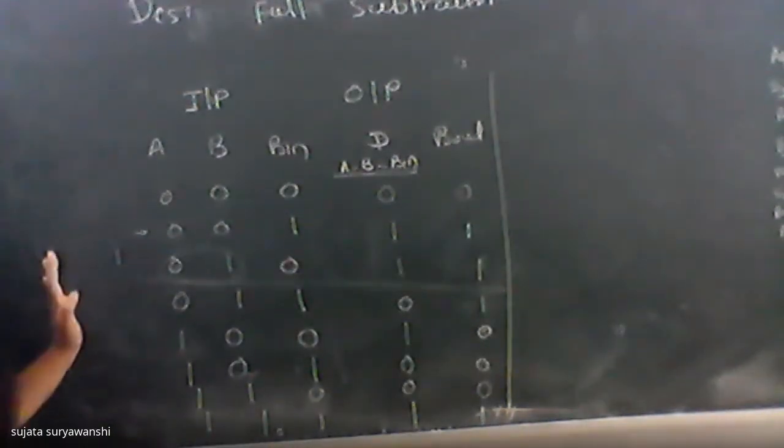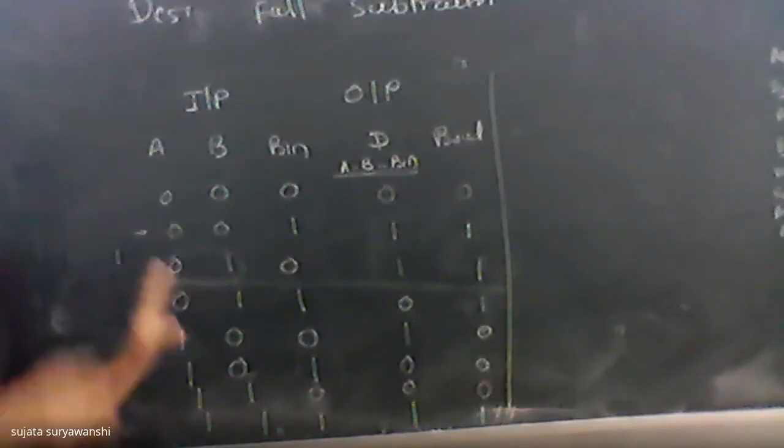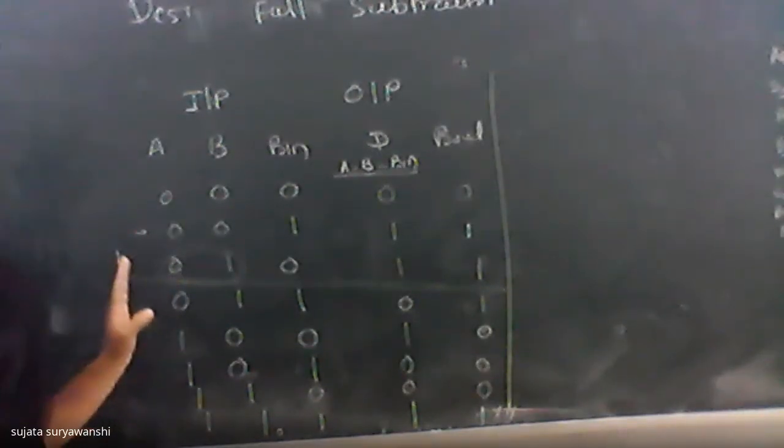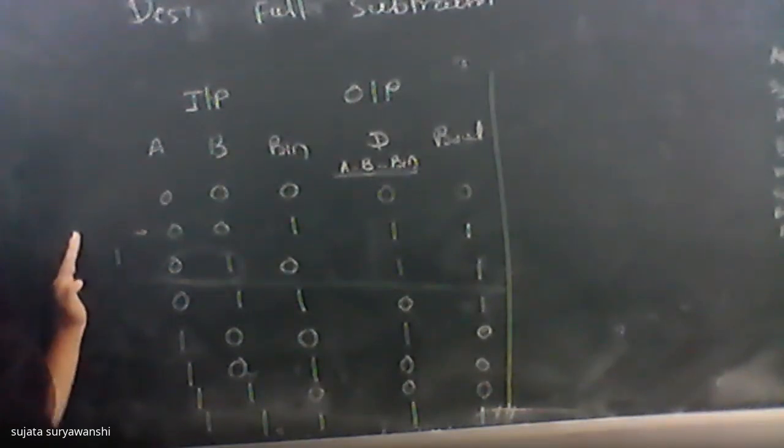Okay. After this, because this truth table is very important. If the truth table is wrong, then your K-map is wrong, then your equation will be wrong, and again your final circuit diagram will be wrong. Once your truth table is right, then only your final circuit diagram will be right. Understood?